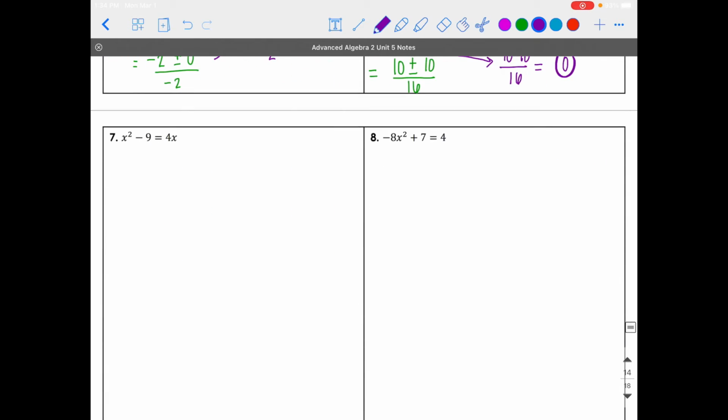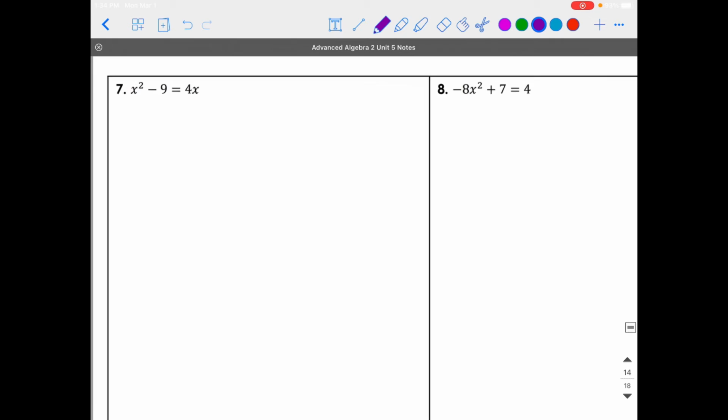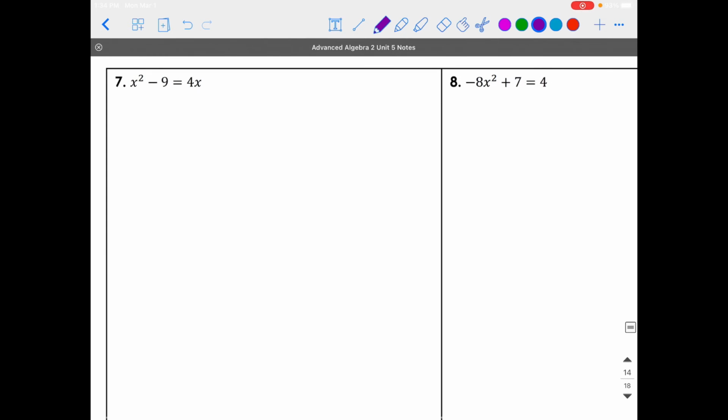Now we're going to go on to some, and I think these might not give us the best numbers to work with. So, first off, I need to subtract the 4x. So it becomes x squared minus 4x minus 9 equals 0. Make sure you always write it in this order. Your x squared first, then your x, then just your number.